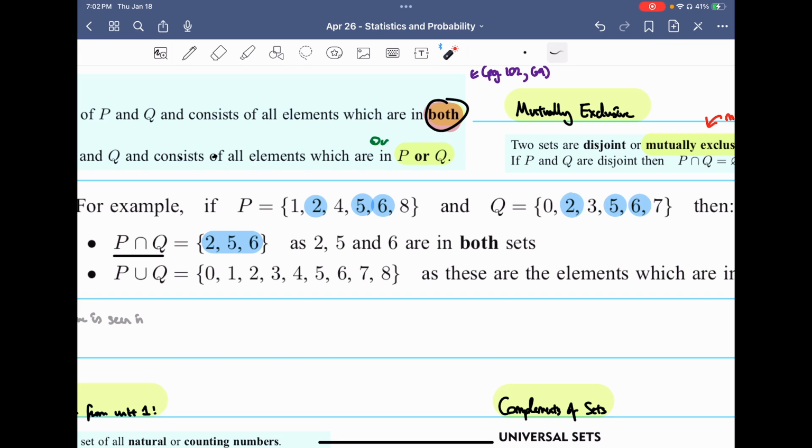So currently, the numbers 2, 5, 6 are in both sets. So the values of P intersection Q are 2, 5, 6, as they are in both sets.